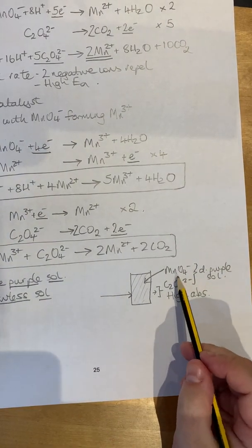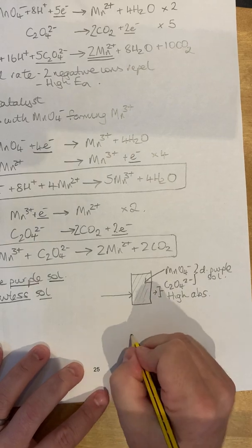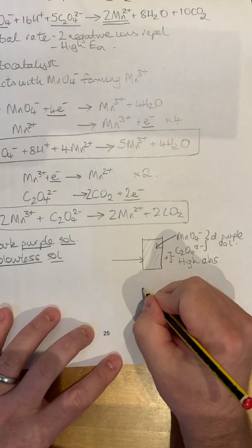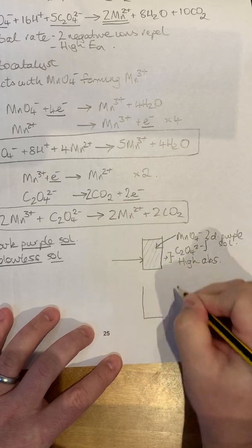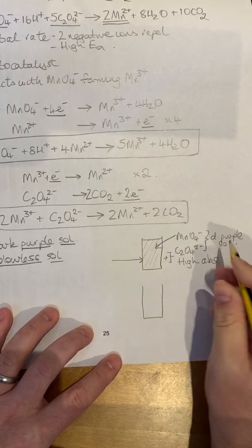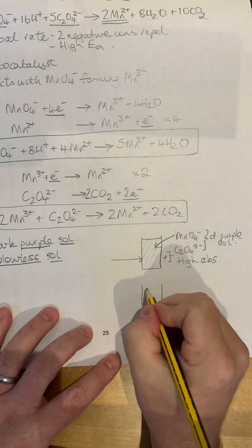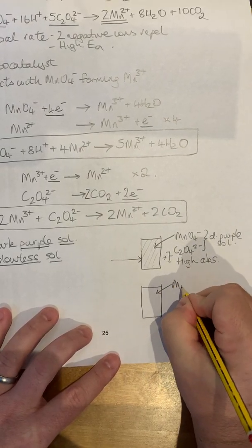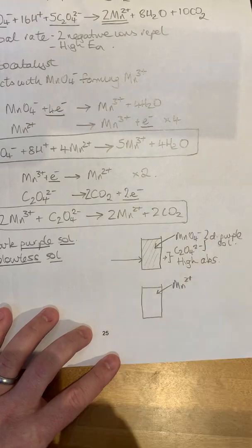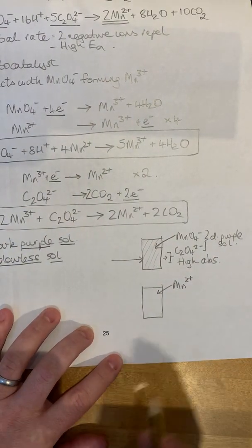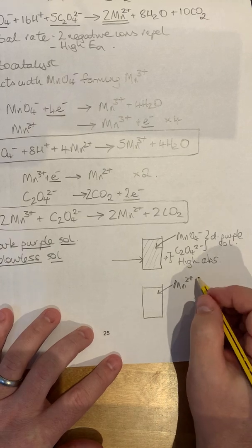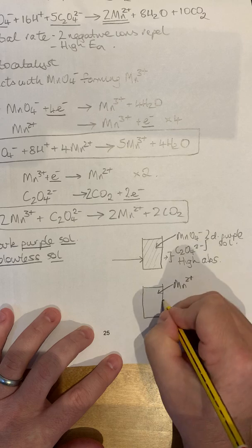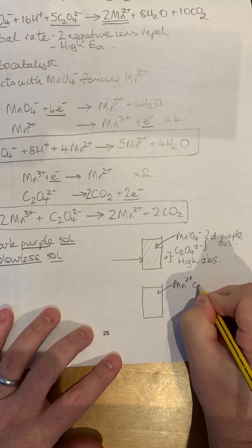Now, as that reaction proceeds, after a while, what's happened is all of that MnO4- has now turned into Mn2+. And the Mn2+ is now essentially colourless.